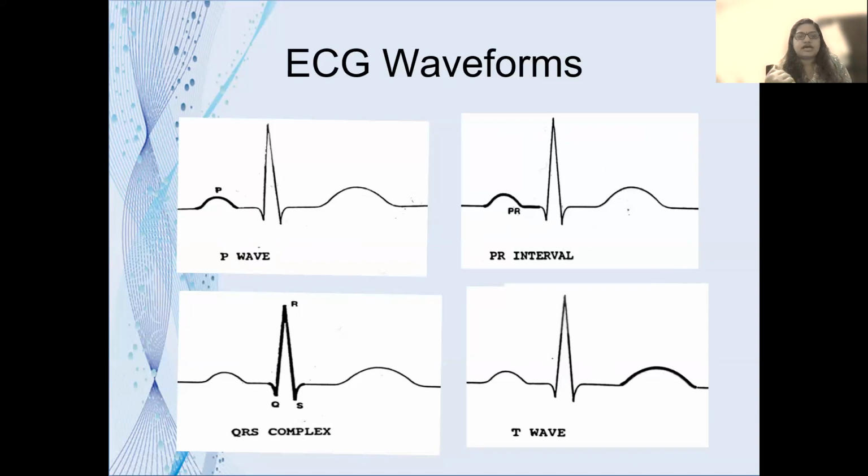So give some time to look at the normal waves so that you can identify what is abnormal. You have a very well-defined P wave, and the PR interval is isoelectric, in the sense that it is on the same line. Then you have the QRS complex, and then the T wave.